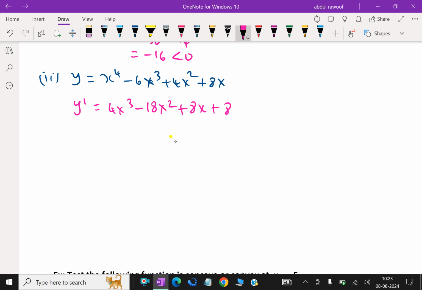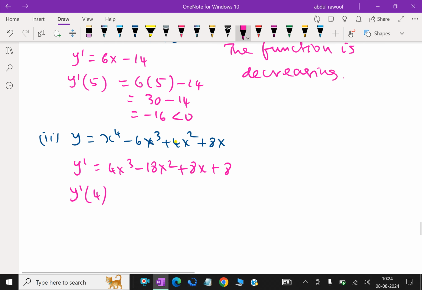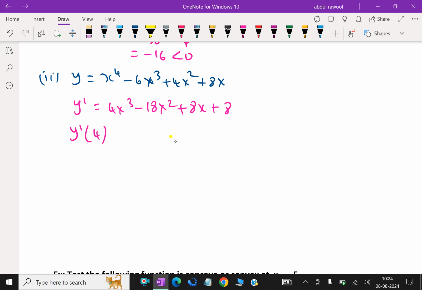Now we have to substitute y dash at 5, not 4. y dash at 5 equal 4 into 5 cube minus 18 into 5 square plus 8 into 5 plus 8. So we have 125 into 4 is 500.